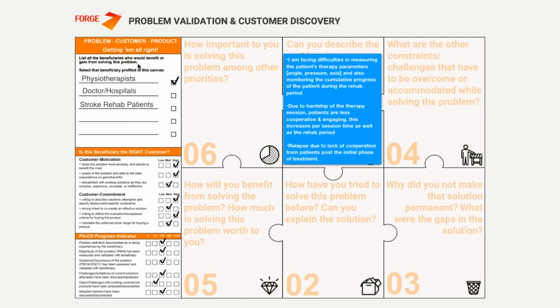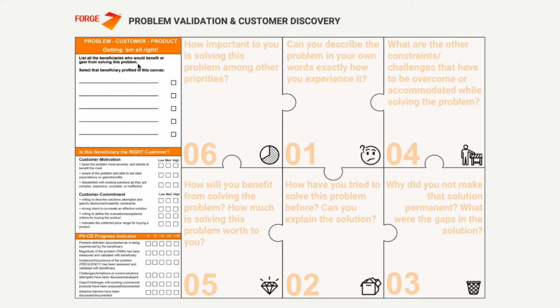So, these are questions, in the order 1, 2, 3, 4, 5, and 6, for the innovator to use as a framework to ask his beneficiaries.